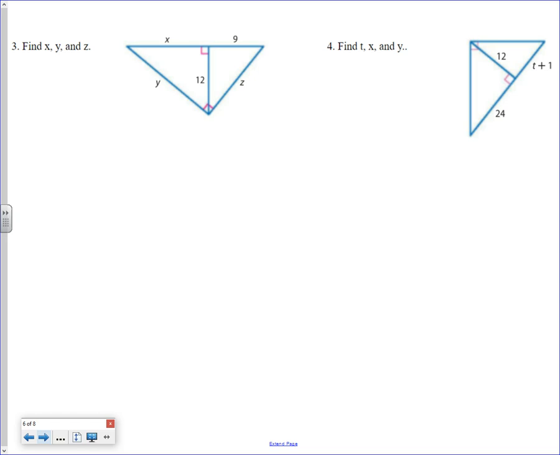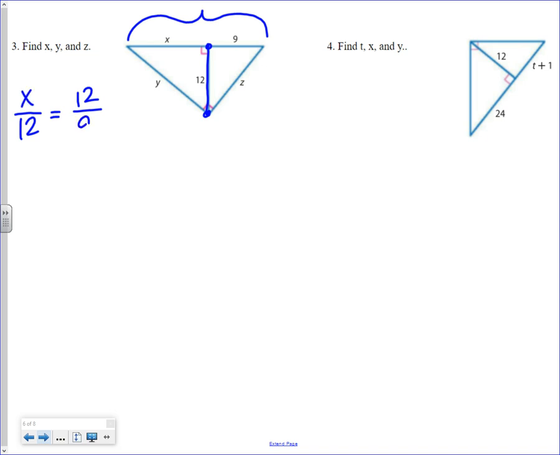Can you tell me what the altitude of the big triangle is? 12. From here to here, that's the altitude. So that's the geometric mean. That has to go in the two diagonal spots. A little bit different than the last ones we just did. Now, what are the segments of the big hypotenuse?